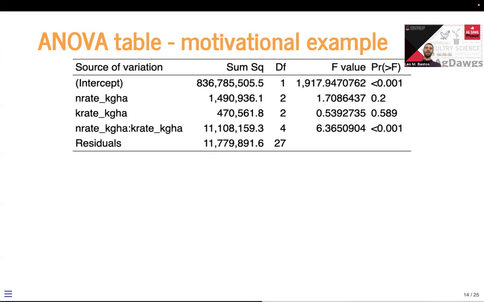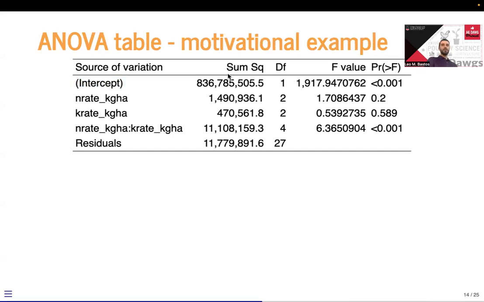Okay, so this is just keeping up with our motivation example. We're going to be working with this data, so we're going to see this ANOVA table again when it comes to the exercise we'll do next. But we see here that there's this intercept, which we can think of as the overall mean in our effects model, and R gives you this row on the ANOVA table.